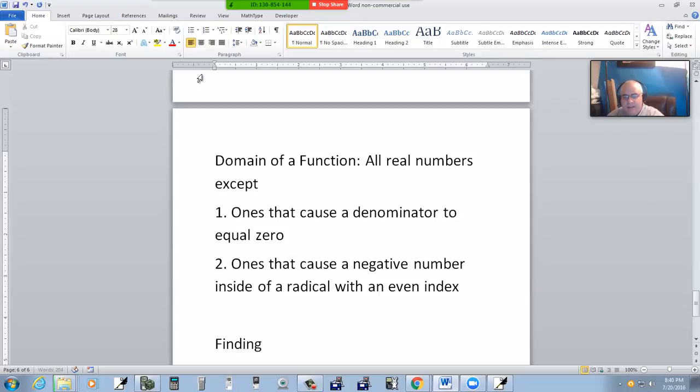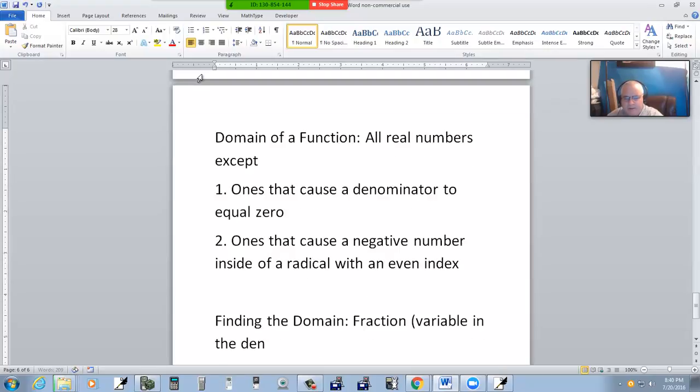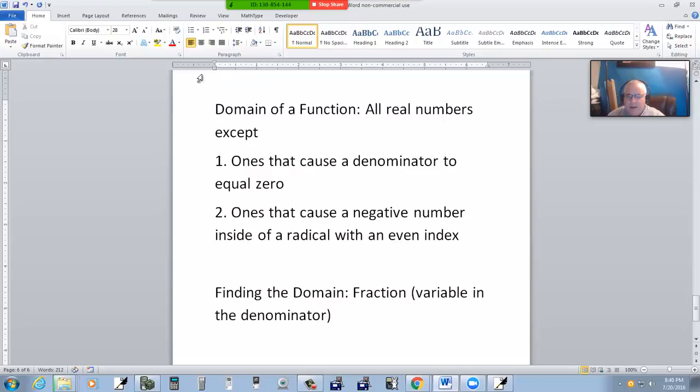So finding the domain where you have a fraction, specifically the fraction with means you have a variable in the denominator. If you don't have a variable in the denominator, you don't need to worry about it. Your domain is all real numbers, negative infinity, positive infinity. So step 1, set the denominator equal to 0.